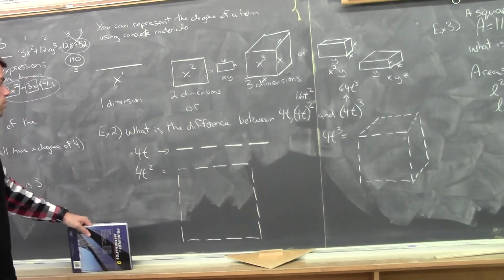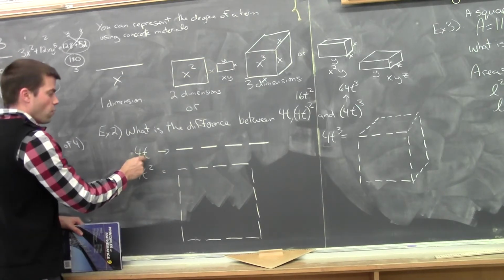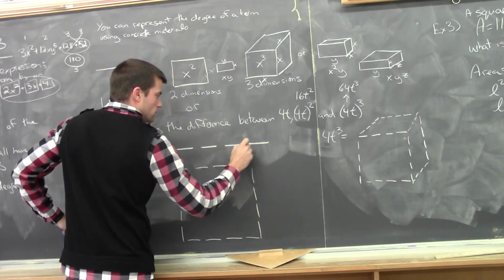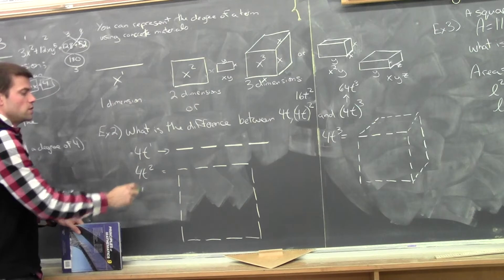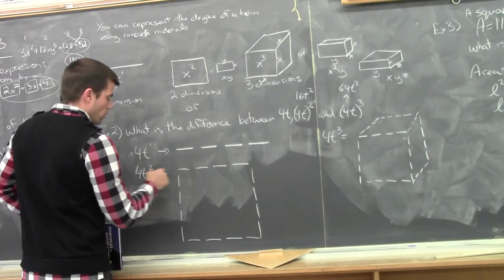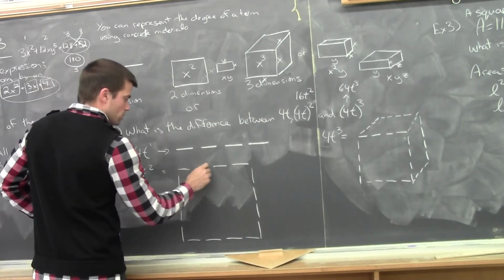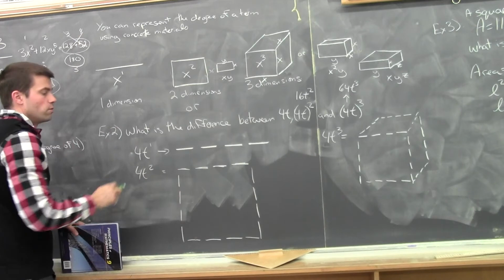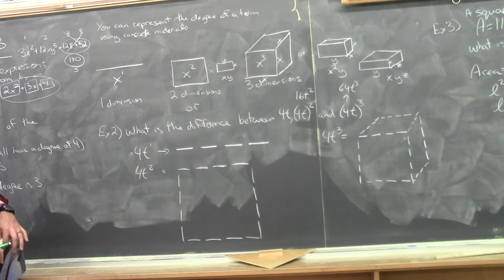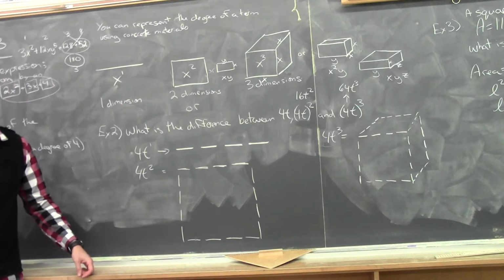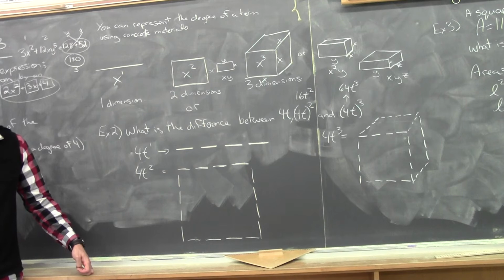No. Okay, so 4t, we know it's in 1 dimension because there's a 1 there, so we just do 4 lines. 4t squared, we know it's in 2 dimensions, so we're going to draw a square where each side has 4. Notice we have a total of 16 sticks now. Any questions there?